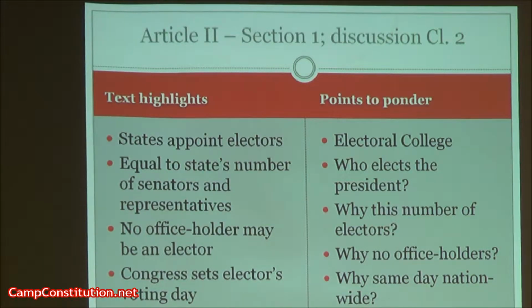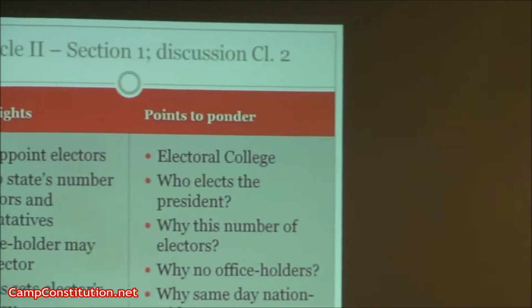Because it was an equal way of having a good amount of representation for the population for each state. So each state gets 2 senators, and then their representatives are based on the population. So it was an easy way to balance it out. It's a way to balance out the interests of the states and the people, right? So both are represented in a way that is reasonably equitable.